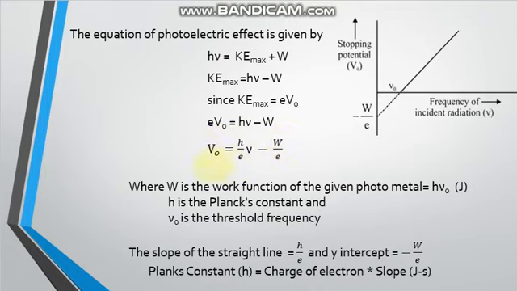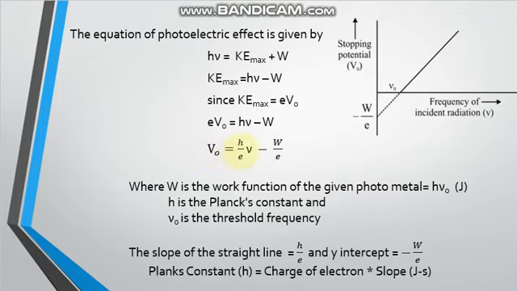This equation is similar to a straight line equation, in which y is replaced by V0, x is replaced by nu, m is replaced by h by e, and c is replaced by minus W by e. So that means if you draw a graph between frequency nu and stopping potential V0, you get a straight line.